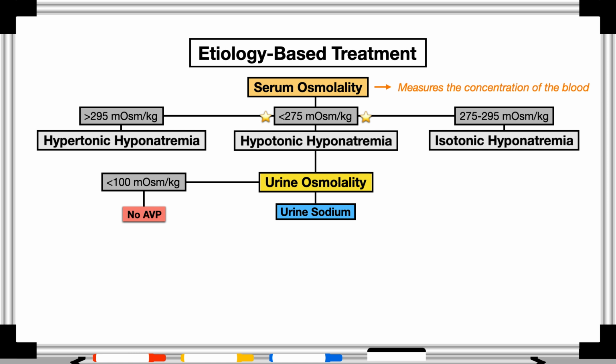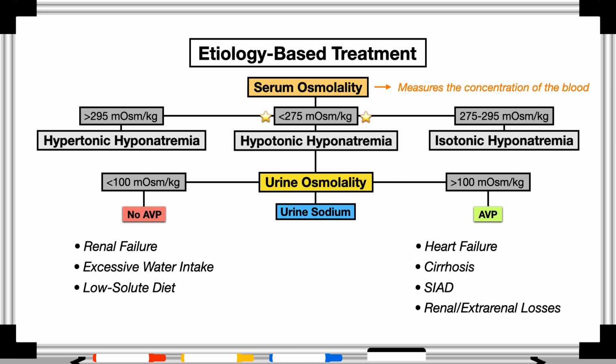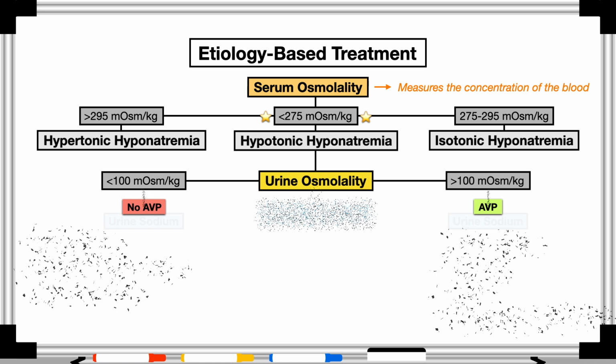If the urine osmolality is less than 100 milliosmoles per kilogram, it suggests that the urine is maximally dilute and that arginine vasopressin is not involved. That can be used to identify renal disease, excessive water intake, or a low solute diet as possible etiologies, while excluding etiologies like heart failure, cirrhosis, SIAD, and renal or extrarenal water and sodium losses, where overactivity of arginine vasopressin is expected.